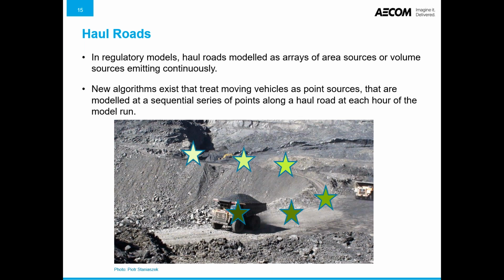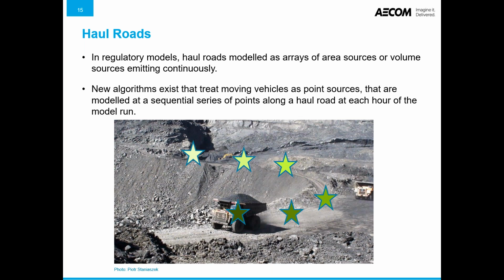Piotr showed his example of that long haul road where the modeling was inappropriate because the sizes of the sources were too large. They should have been more of them and smaller. At the same time, though, even that overestimates concentrations, and there are new algorithms available now that frankly aren't used very often, and we don't use them very often ourselves, where you can actually do a time history of a moving source.